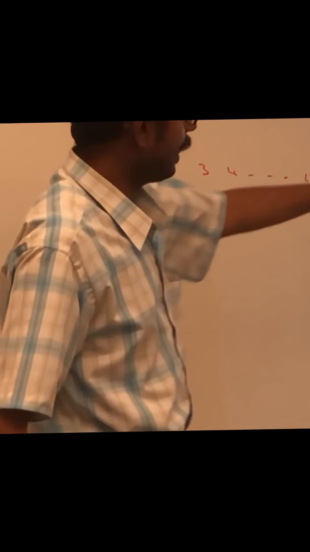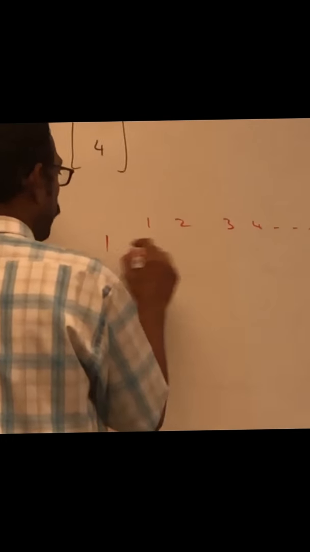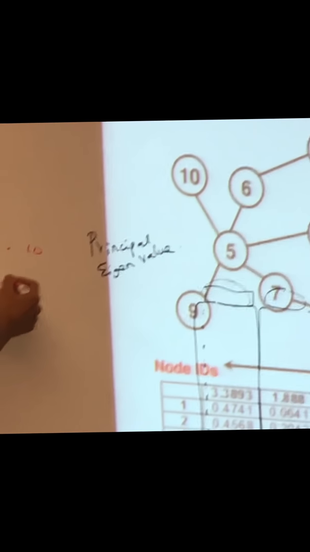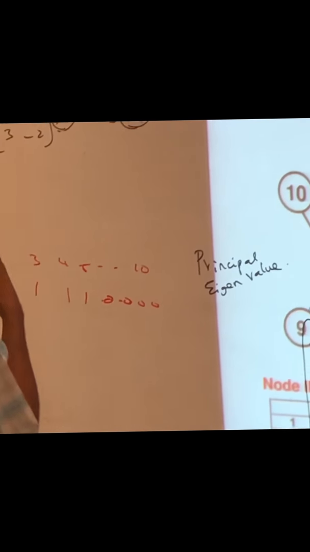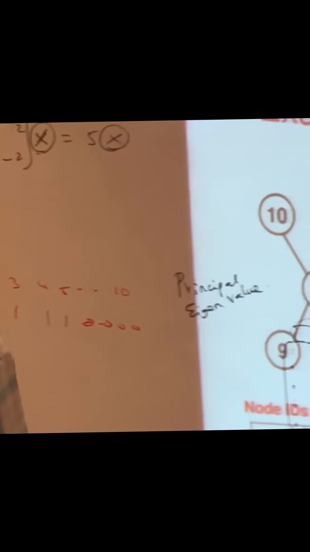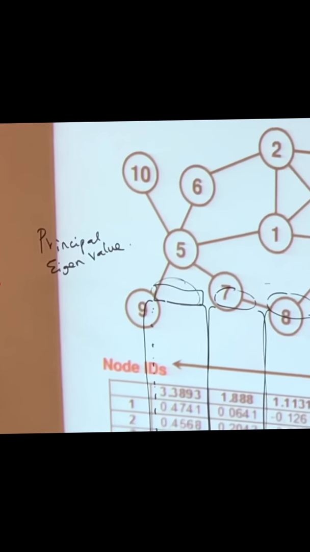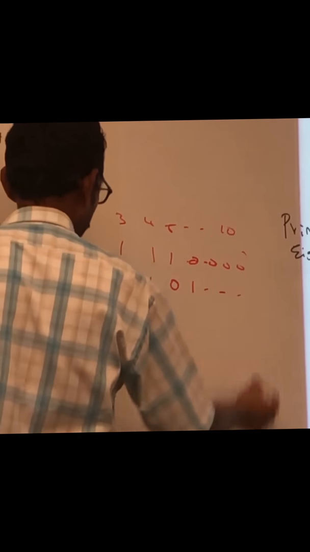For 1, it has an edge to what? 2, 3, 4, and 5. So 1,1 is 0, 1,2 is 1. For 5 it is 1, but for 6, 7, 8, 9 there's no edge, so it's all zeros, right? And then for 2, of course, you see to which vertices it's connected. So you write this based on the vertex IDs, isn't it?